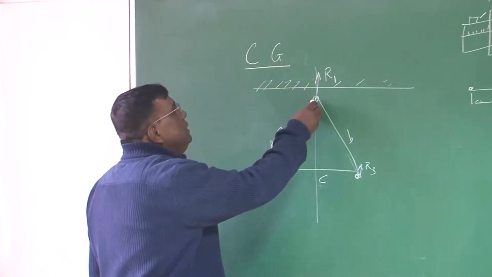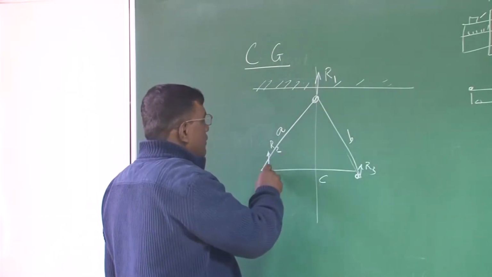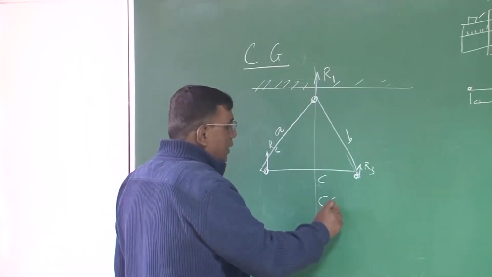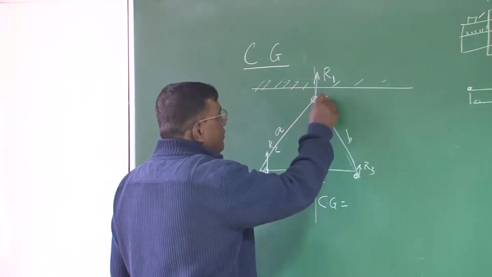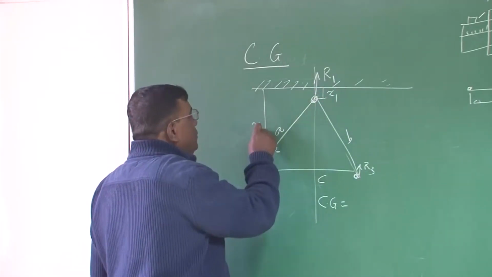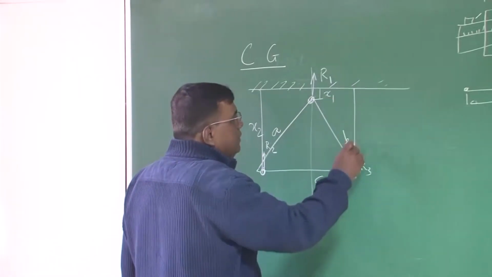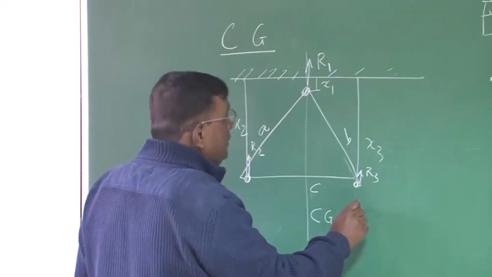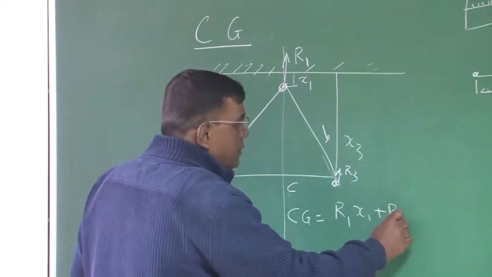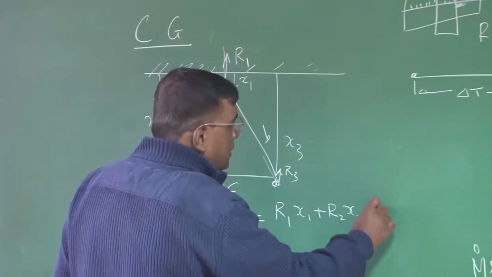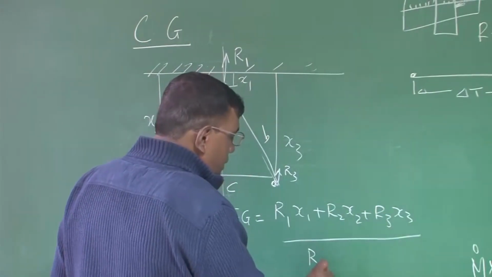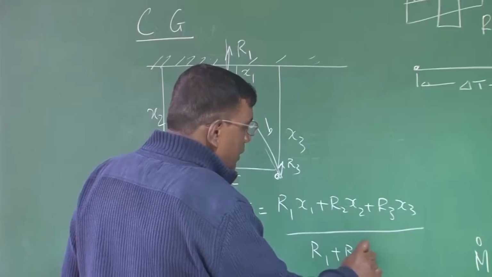So if I know this reference, and if I know R1, R2, R3, I can easily find out the center of gravity along the x-axis. If this is your x1, if this is your x2, and this distance is x3, then the center of gravity will be R1 x1 plus R2 x2 plus R3 x3 divided by R1 plus R2 plus R3.